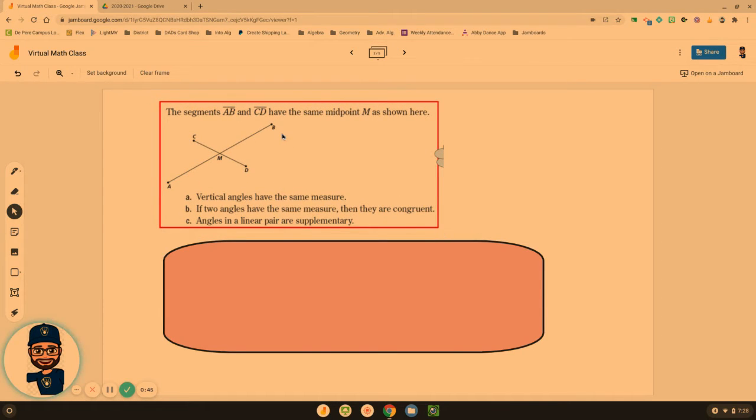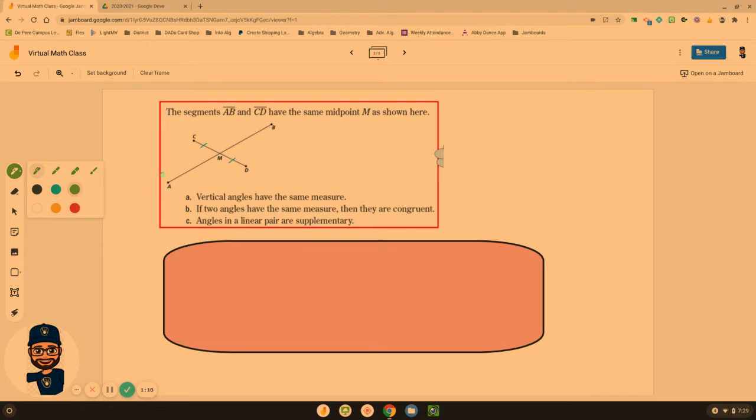The segments below, AB and CD, have the same midpoint, M, as shown down below. So segment CD has the midpoint M. Segment AB has the midpoint M. In other words, if we were to draw some marks on here, this segment is congruent to that segment.